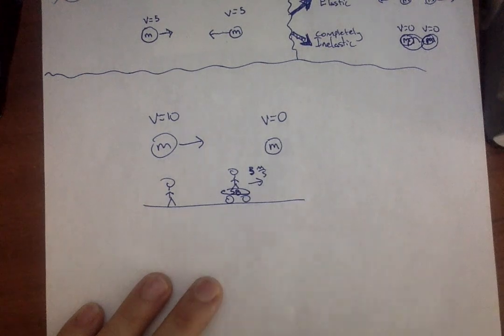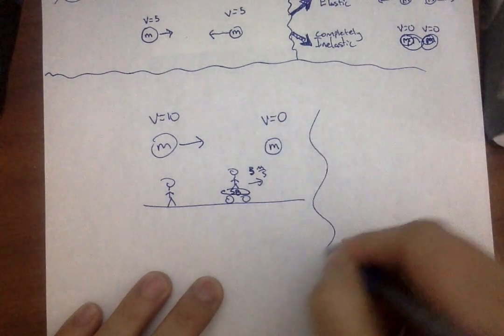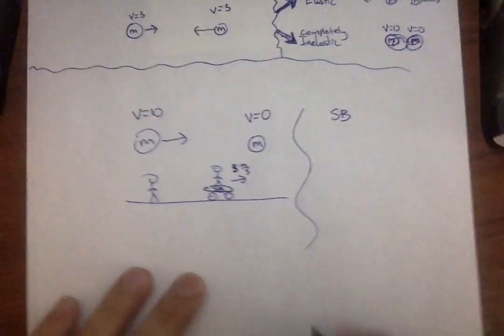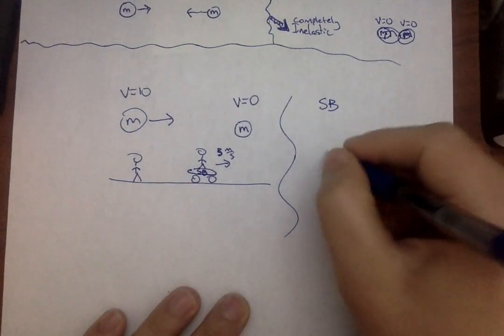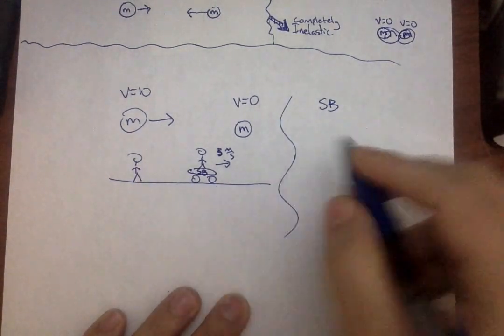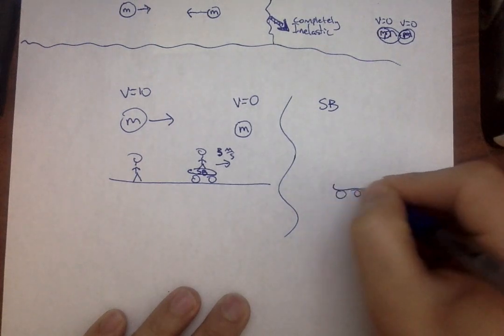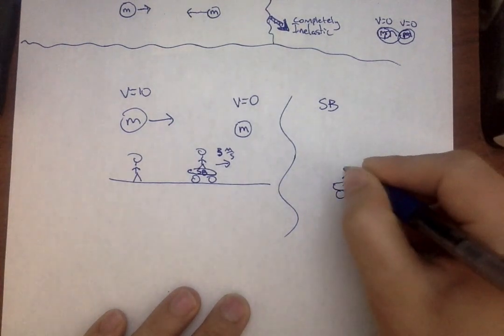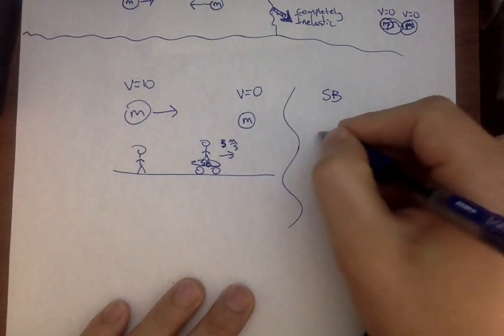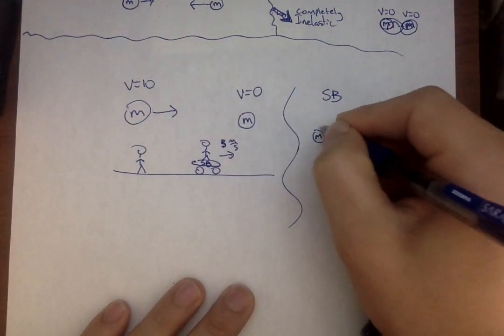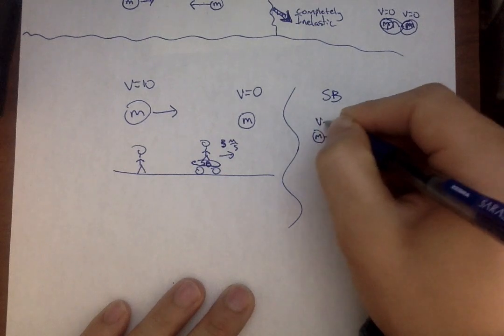So I'm going to draw the skateboarder's perspective here. And what you may realize is that from the skateboarder's perspective, he sees himself as stationary. And he sees the right ball approaching him at 5 meters per second.